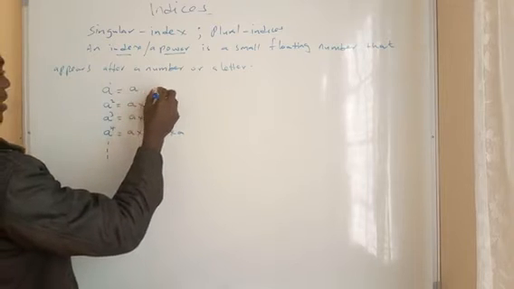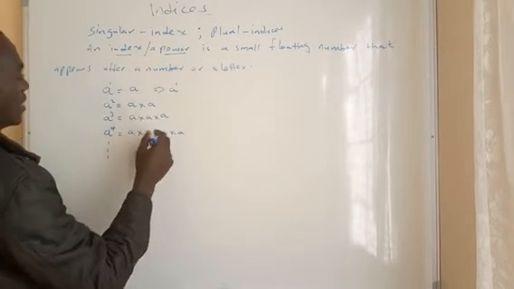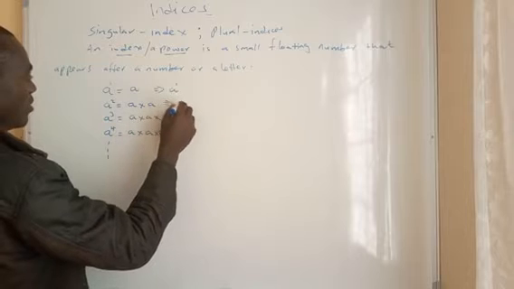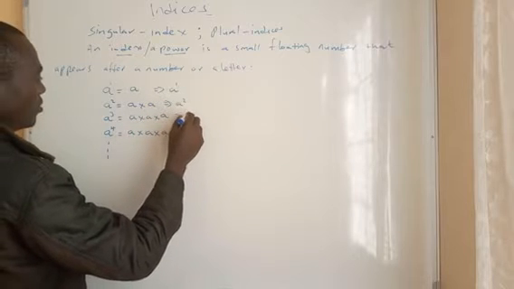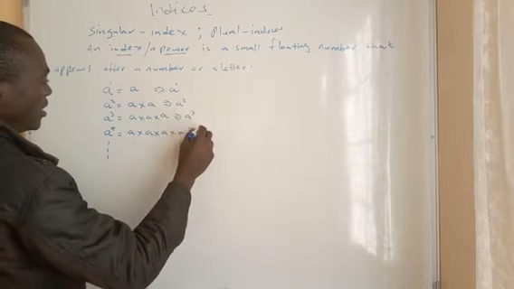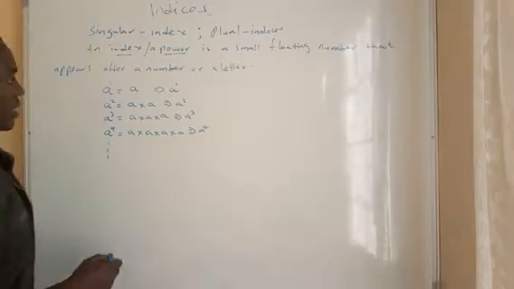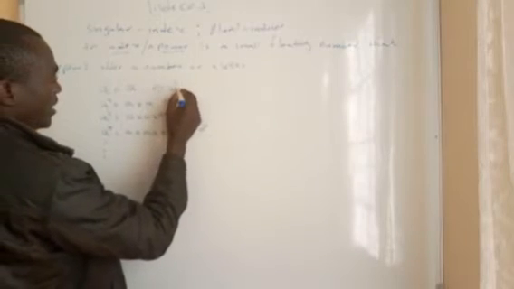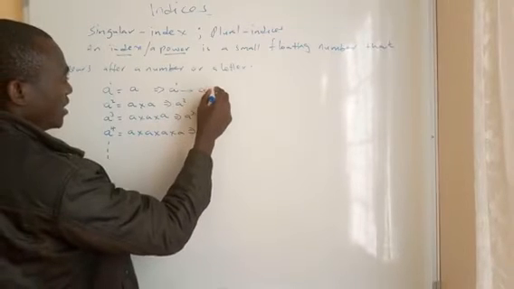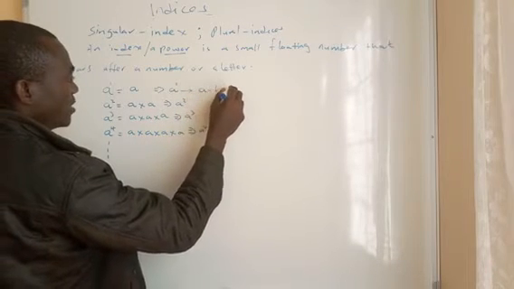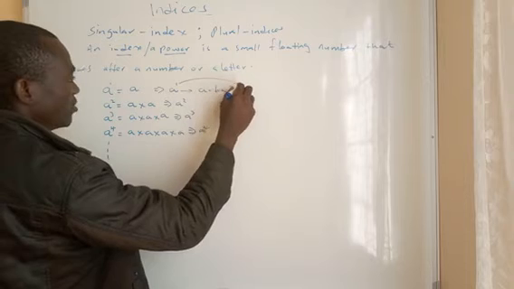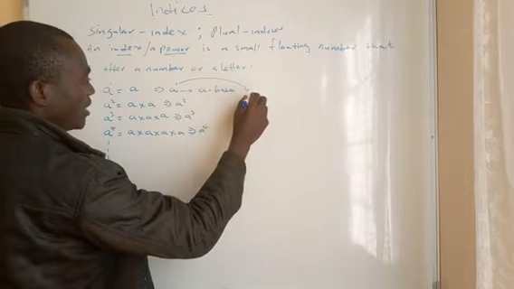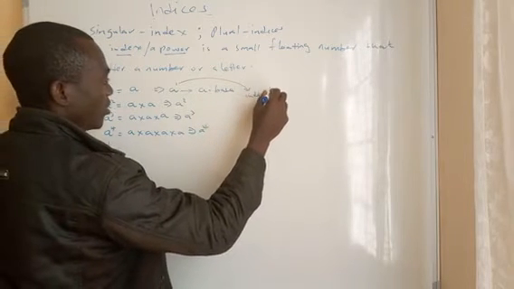In a to power 1, a to power 2, a to power 3, and a to power 4, this letter a is the base, and this one is what we call the index, or the power.